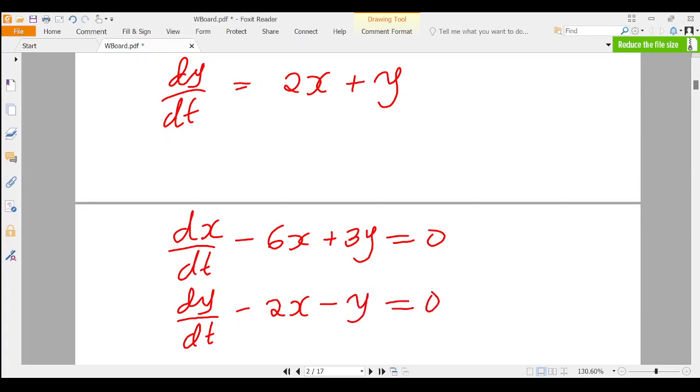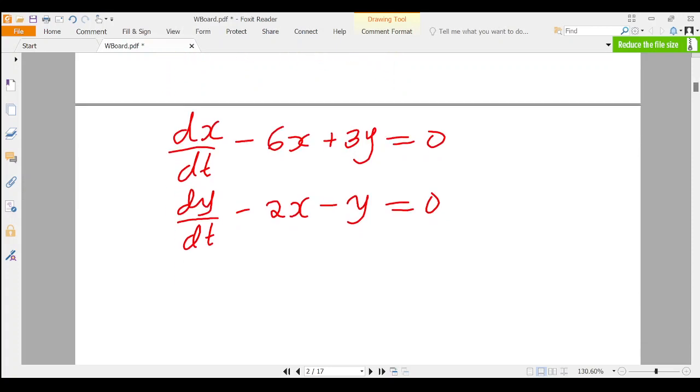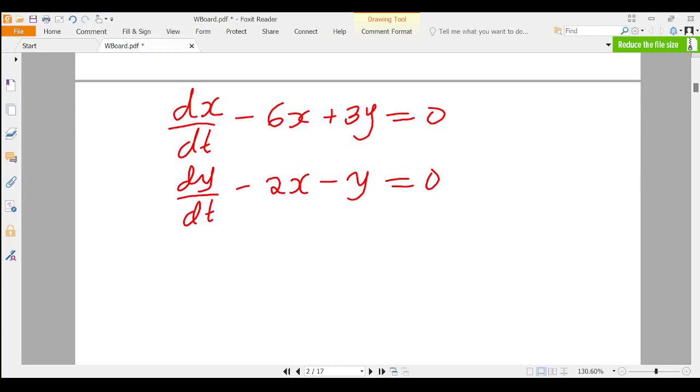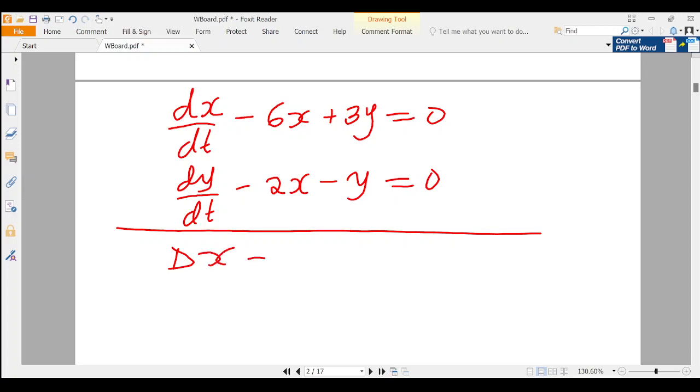And now we shall replace the differential operator d by dt with capital D in the first equation and in the second equation, so that the first equation becomes Dx minus 6x plus 3y is equal to 0.